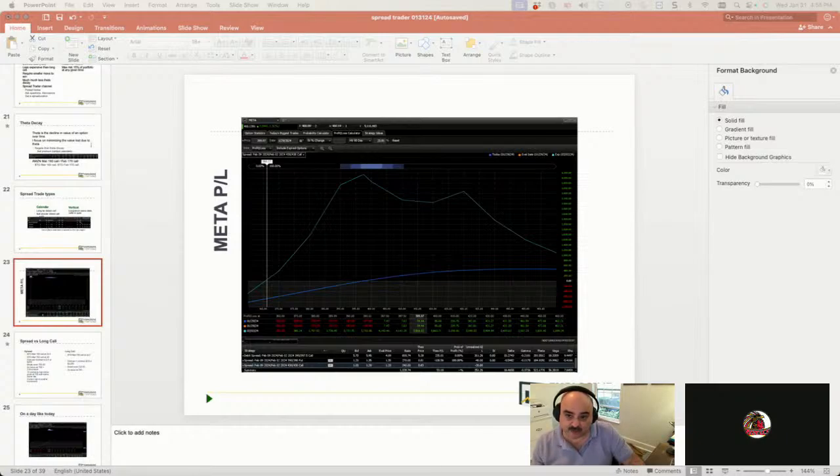If you look at the top part of this graph, that top part is where you're making the most money, and then it drops off. So if you look at the bottom table here, this trade is green all the way from 370 all the way up to like 450 or something. So if Meta closes in that range, I'm going to make something.